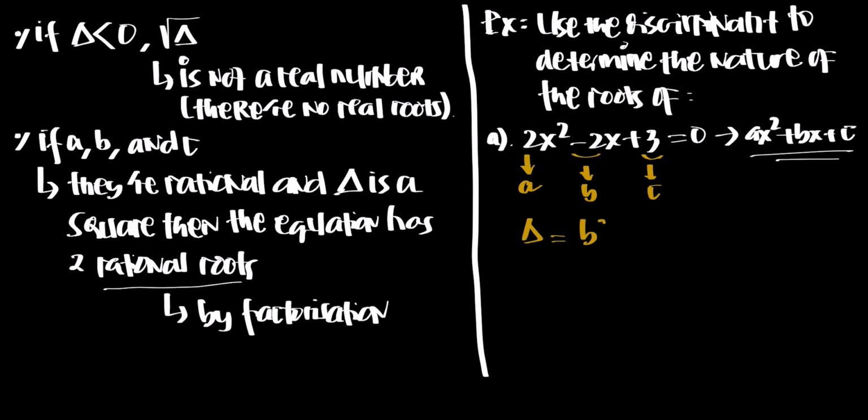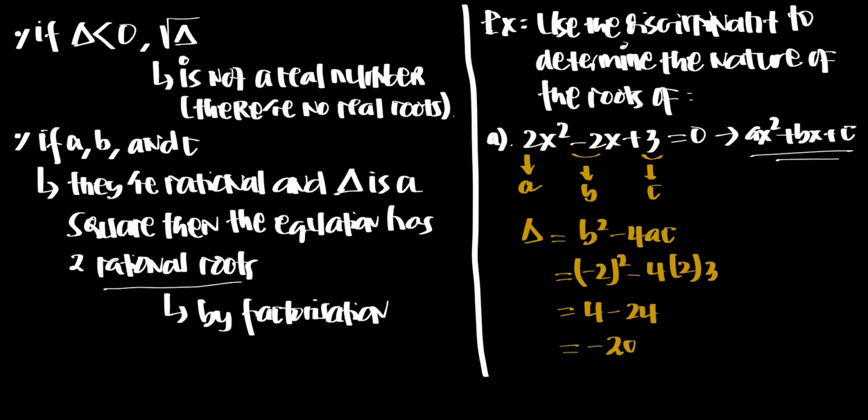The formula is b squared minus 4ac, so minus 2 squared, then minus 4 times 2 times 3. Look at the coefficient in front of the variable: a is 2, and c is 3. So 4 minus 24, and the answer is negative 20.